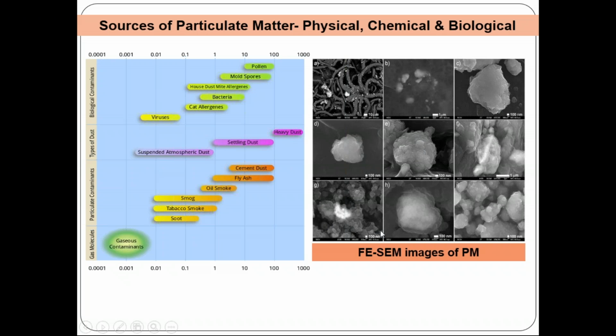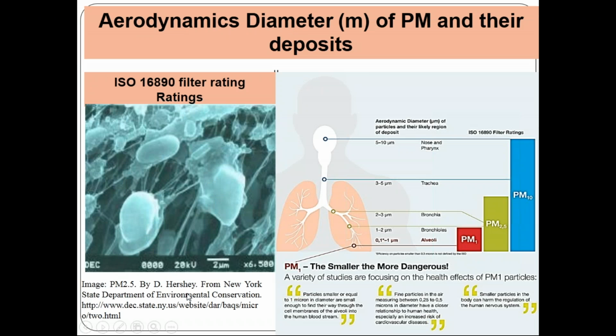This is the size of PM10 on the basis of a scanning microscope. And here you can see a picture taken in New York by D. Hersey of PM2.5. This is the scale of 2 micrometers, and it is from the filter grid.